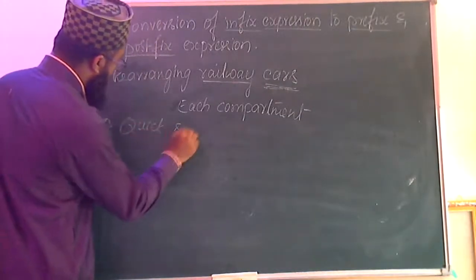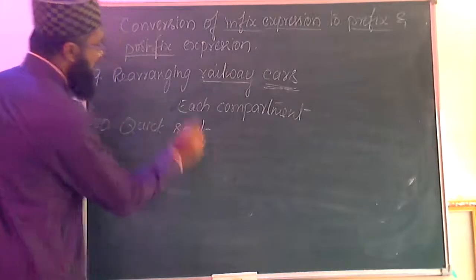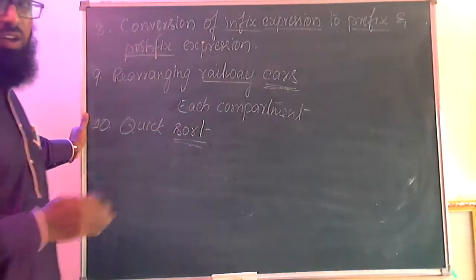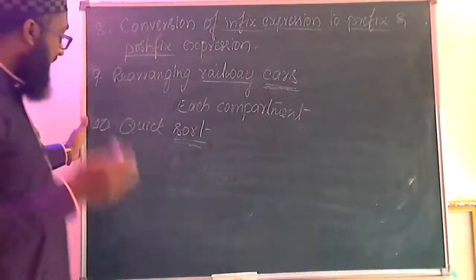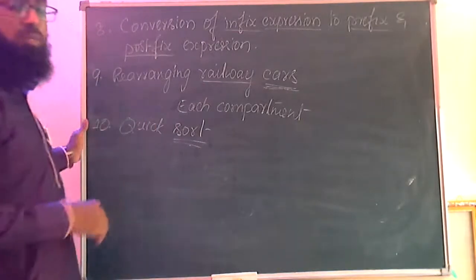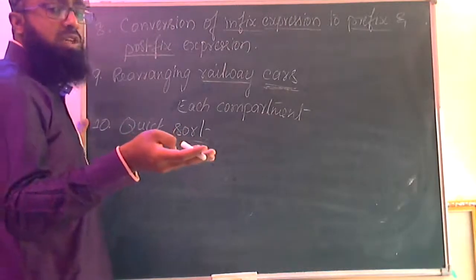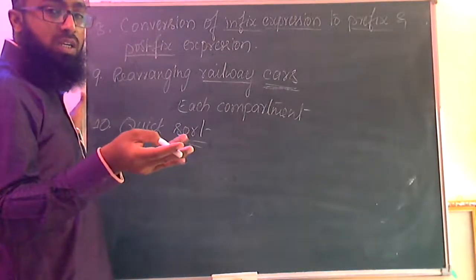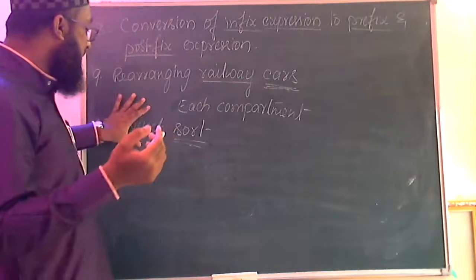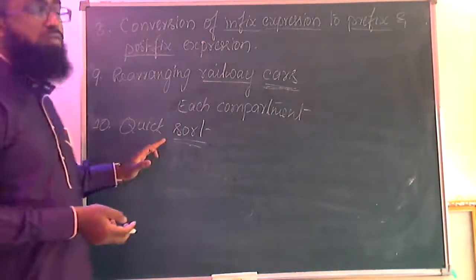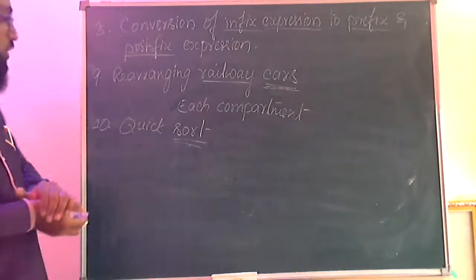You know sorting, arranging the given items in ascending or descending order. There are many types of sorts: shell sort, bubble sort, simple sort, heap sort, and so on. Quick sort is also a type of sort. For this type of sorting, stacks are used.